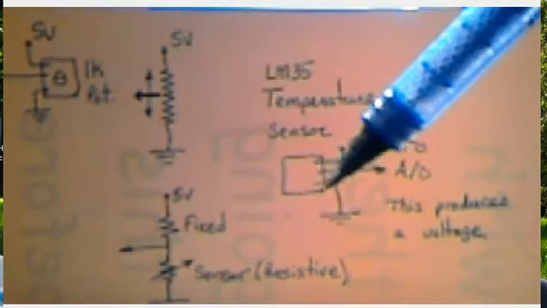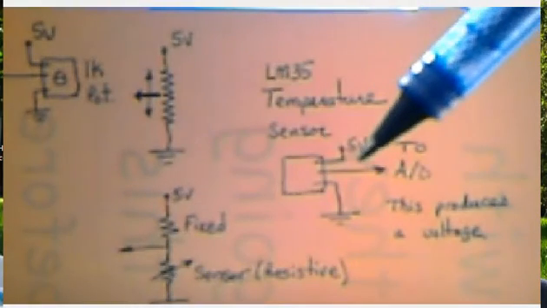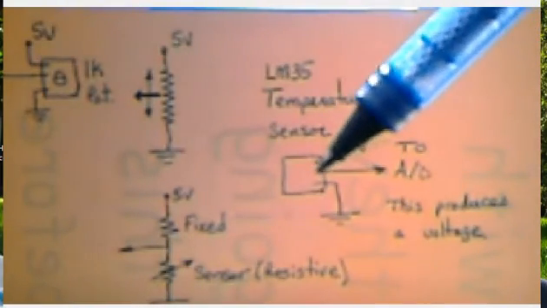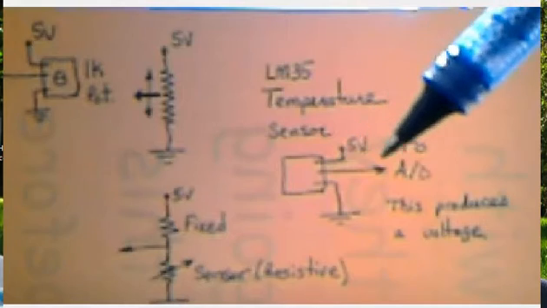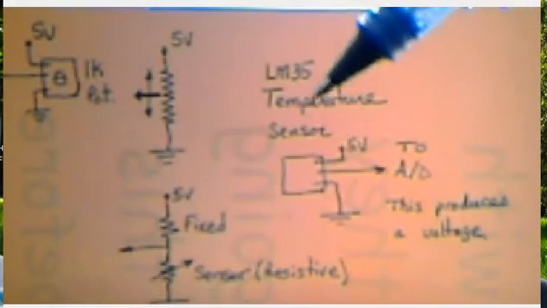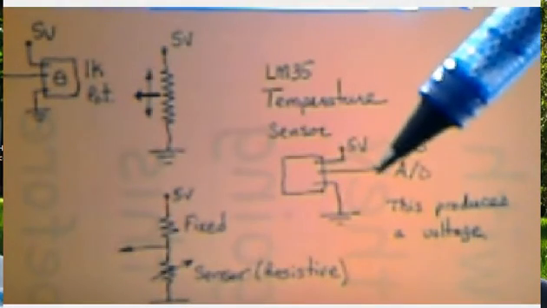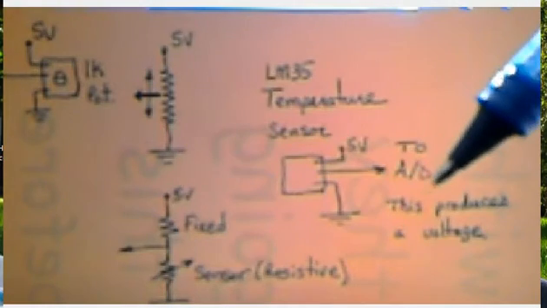So it's not resistive, it will give you a voltage directly when it's in the environment to measure the temperature. So there is no need for a second resistor. You simply take the sensor, put 5 volts here, ground there, and it gives you a voltage. That voltage goes right to port C bit number 0.